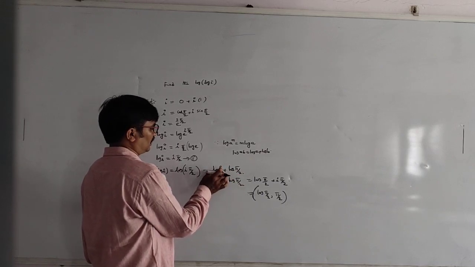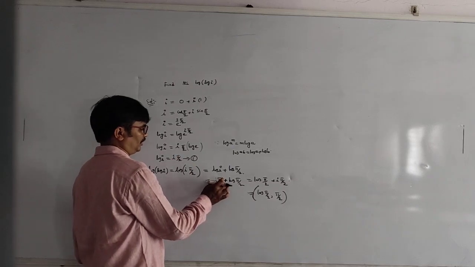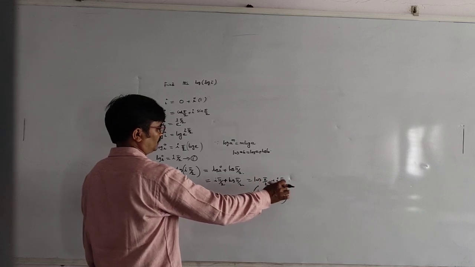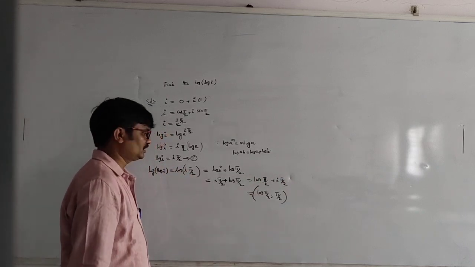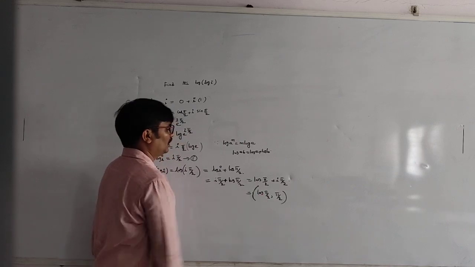Log i is i pi by 2, plus log pi by 2. Log pi by 2 is the real part and the imaginary part is i pi by 2. Now this can be written in ordered pair form as log of pi by 2 comma pi by 2.